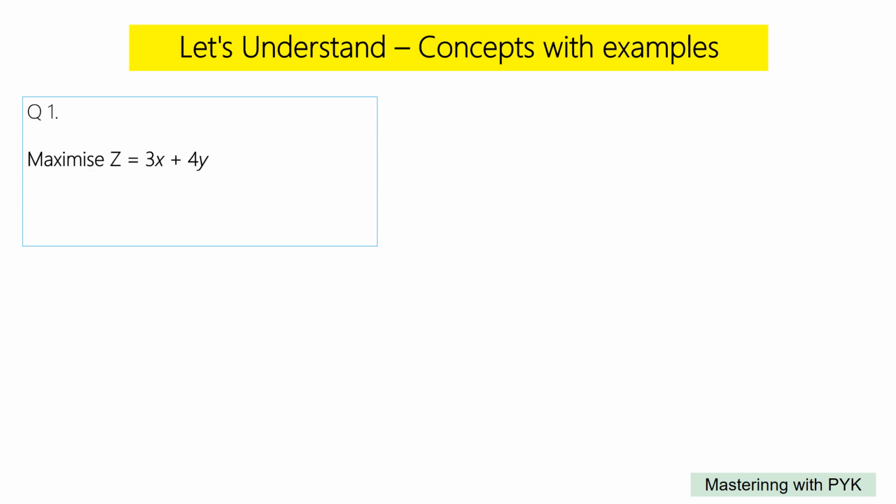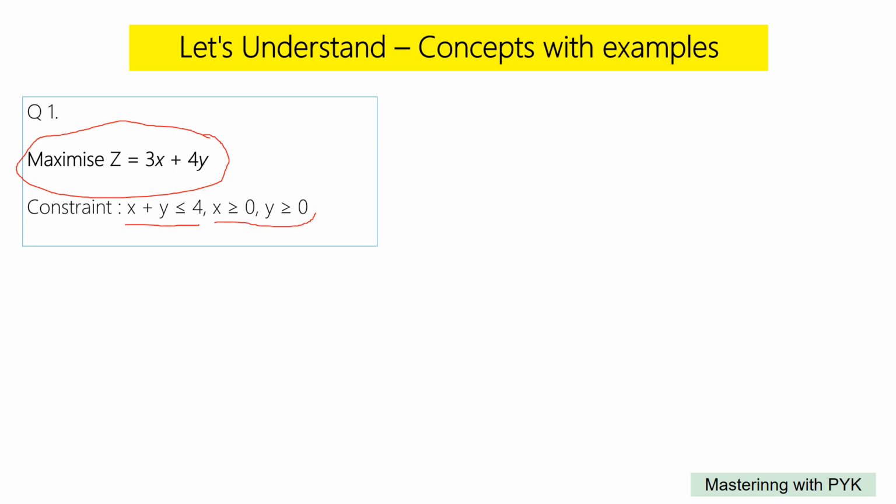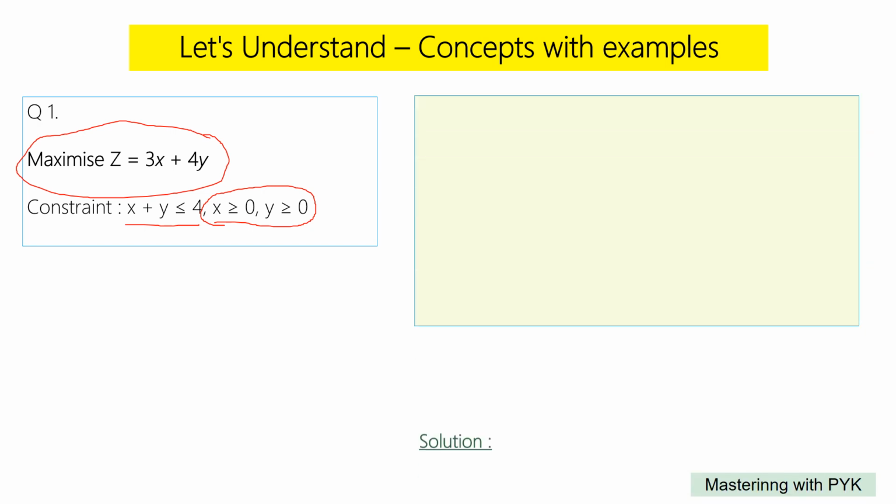Question 1: we have to maximize z, which is represented as 3x plus 4y. This is your linear objective function. The constraints are x plus y less than or equal to 4, and since we will be dealing with non-negative values, x is greater than or equal to 0 and y is greater than or equal to 0.